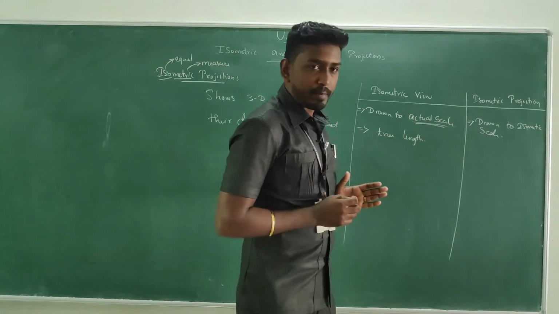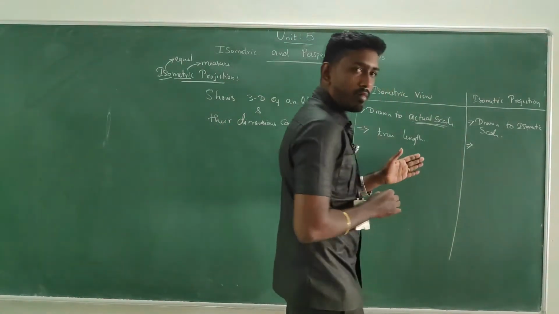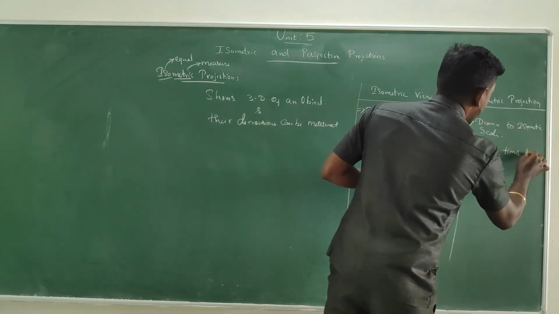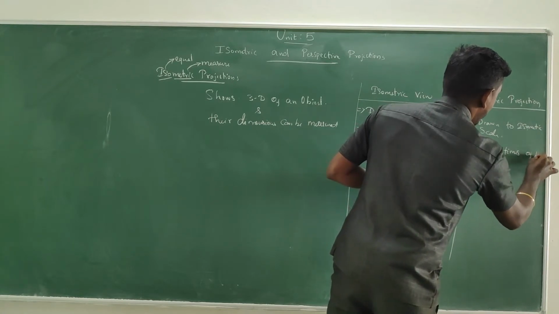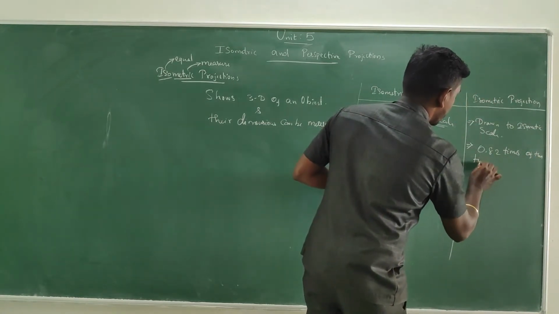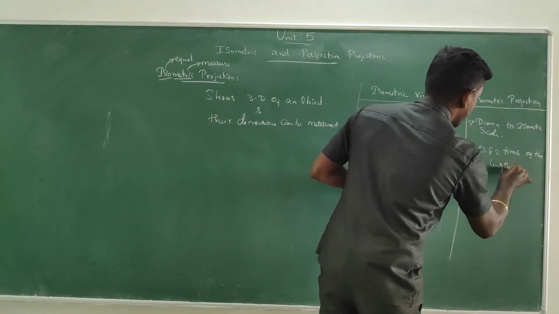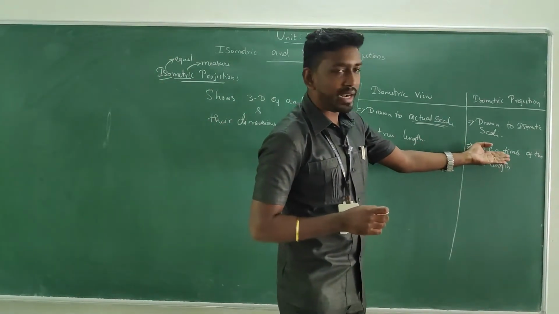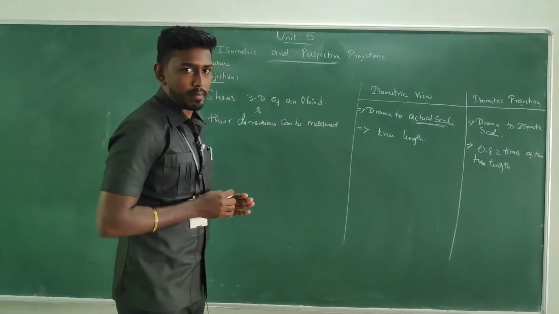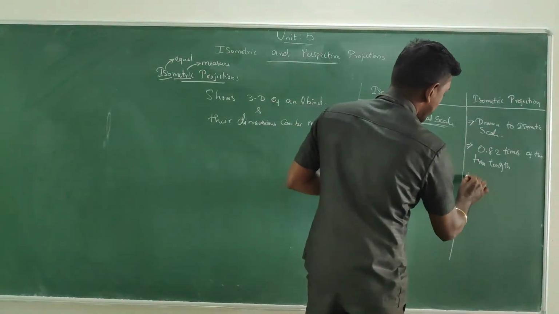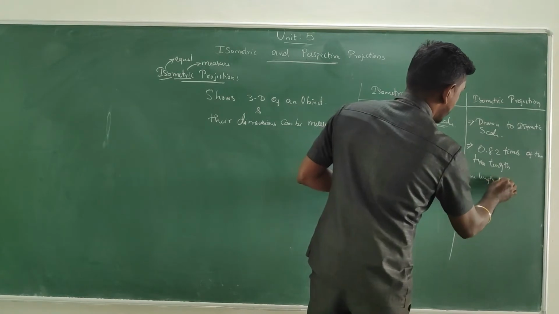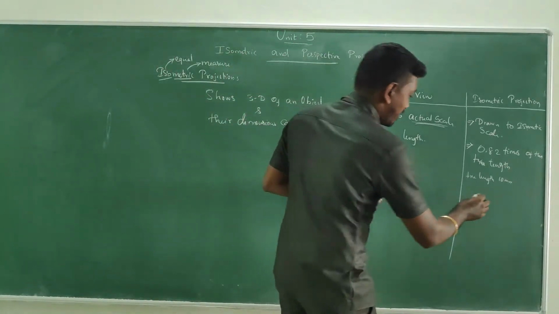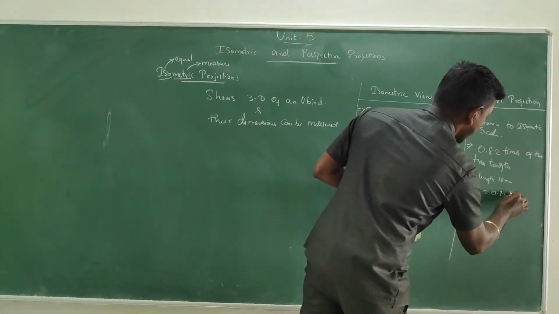When it comes to isometric projection, we use 0.82 times the true length. The measurement will be 0.82 times the true length. For example, if your true length is 10 mm, the isometric projection measurement will be 0.82 times the true length.